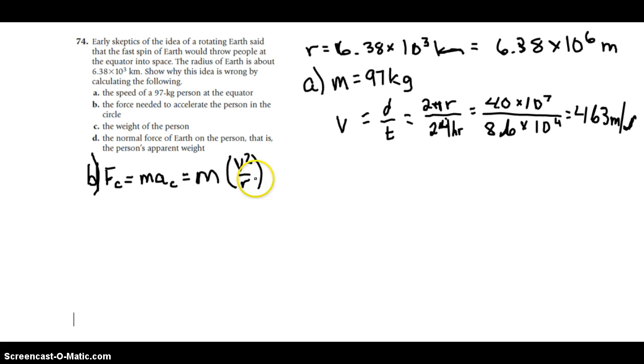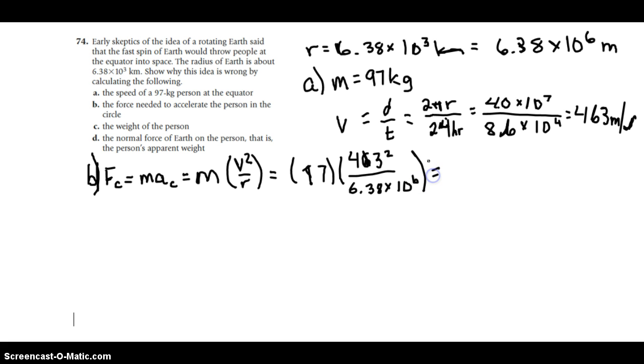So we have the mass of 97 times the velocity of 463 squared divided by the radius of 6.38 times 10 to the 6th.